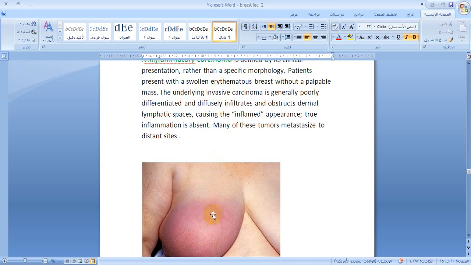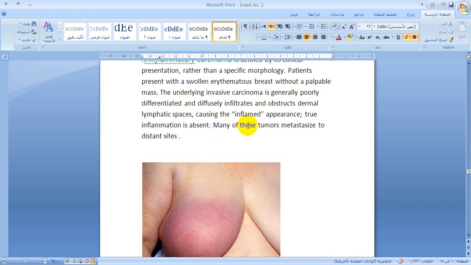The underlying invasive carcinoma is poorly differentiated and causing obstruction of dermal lymphatic spaces فتعطينا inflamed appearance، لكن true inflammation is absent.